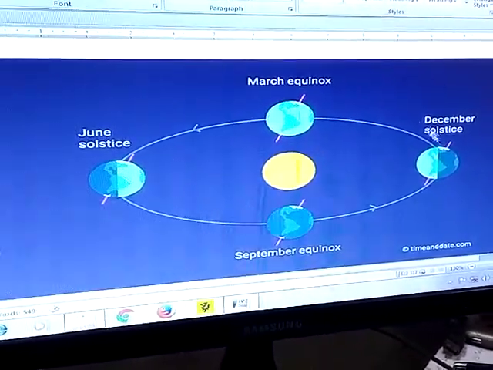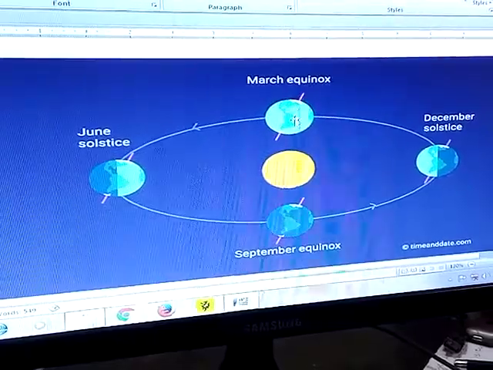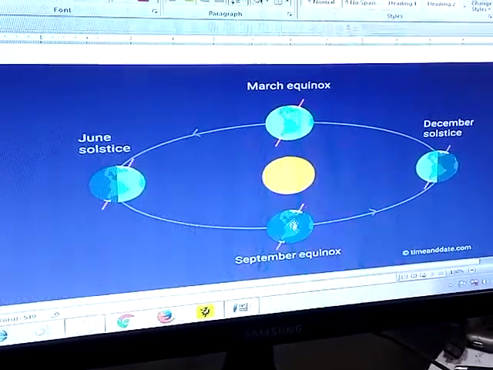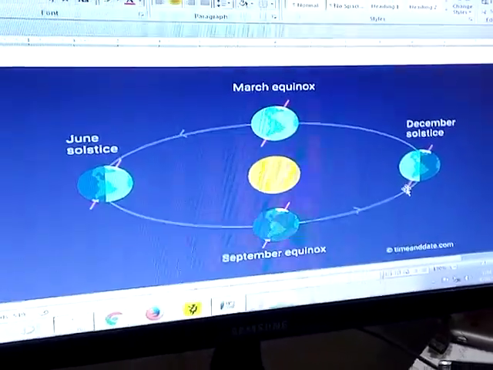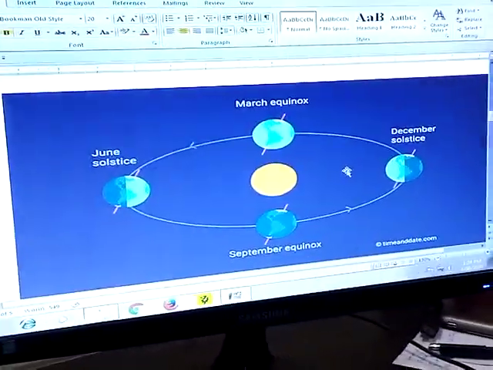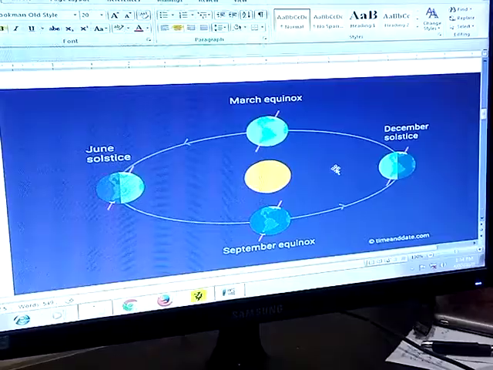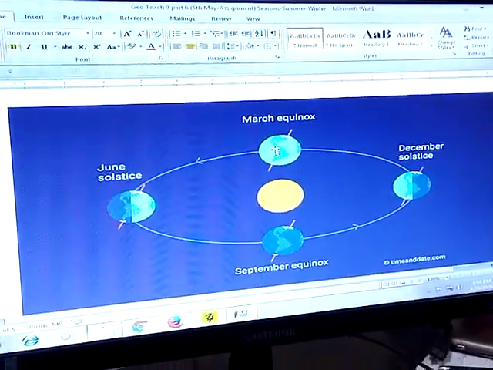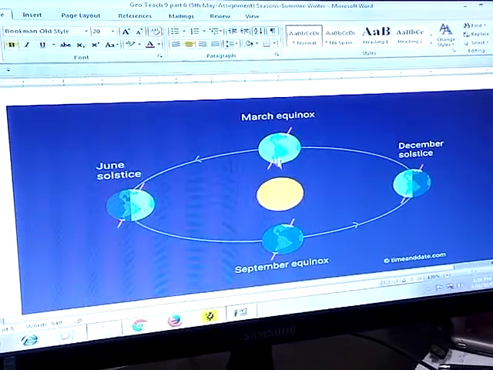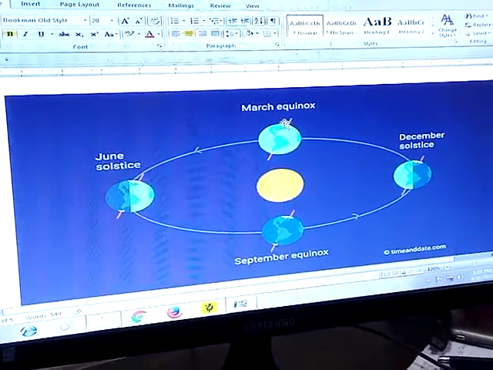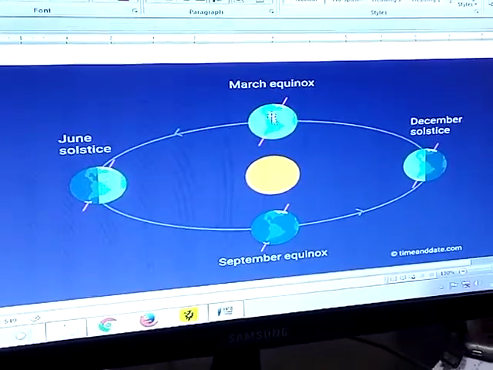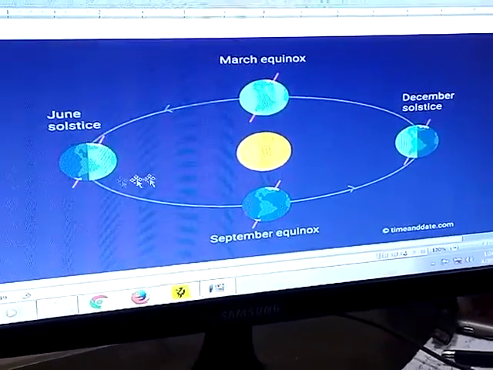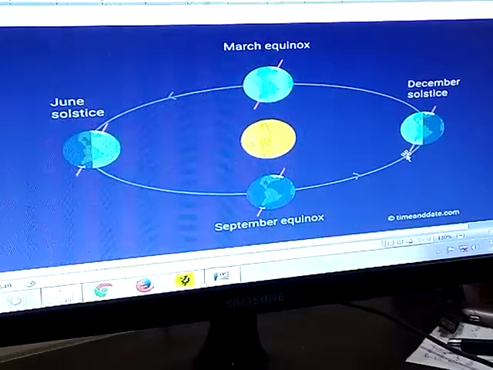But remember children, the axis, can you see the axis in all the 4 places? The axis is always tilted, inclined at the same 23.5 degrees with the perpendicular of the earth. So that inclination, the tilt, is always the same, in the same direction.